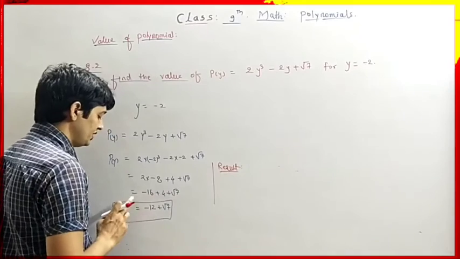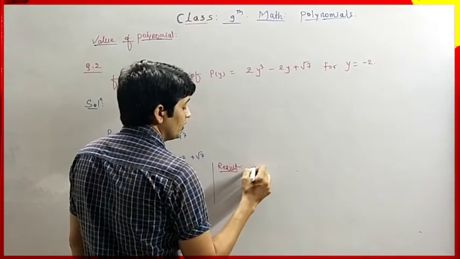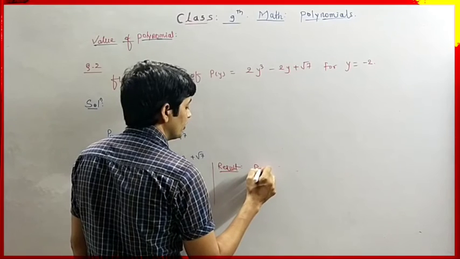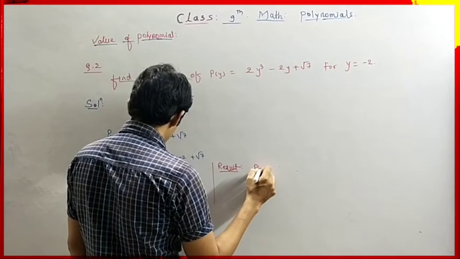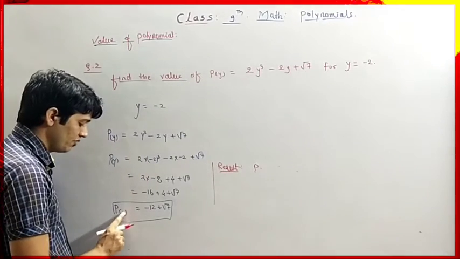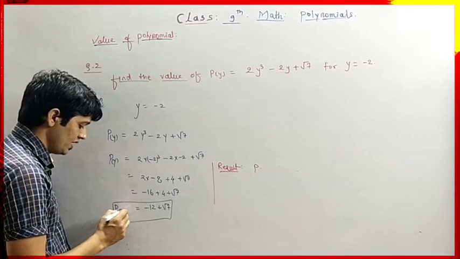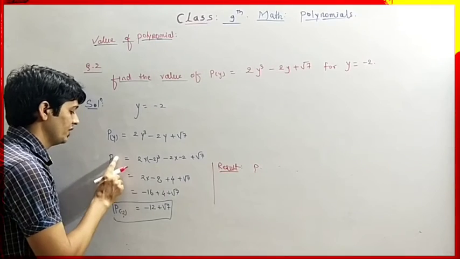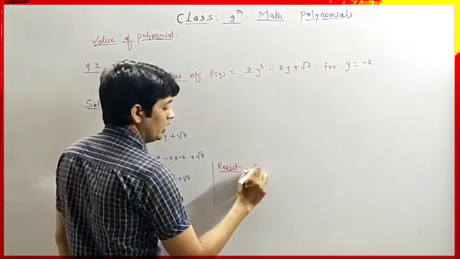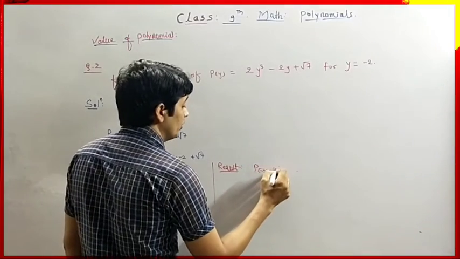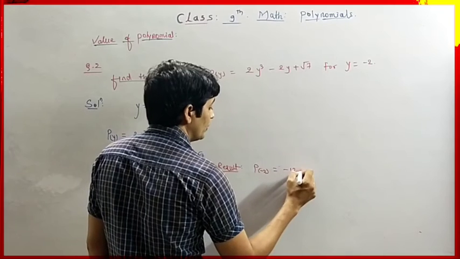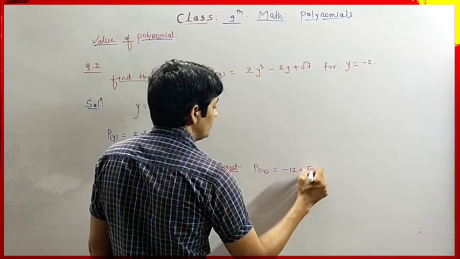So what will be the result? p(minus 2) equals to minus 12 plus root 7, which is our answer.